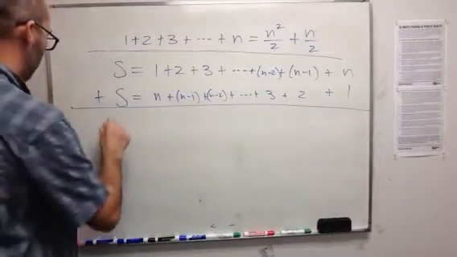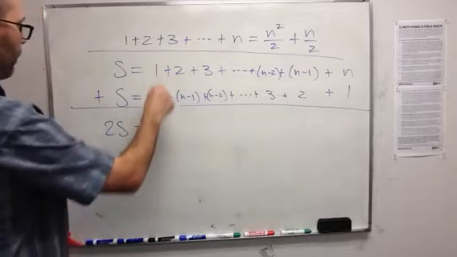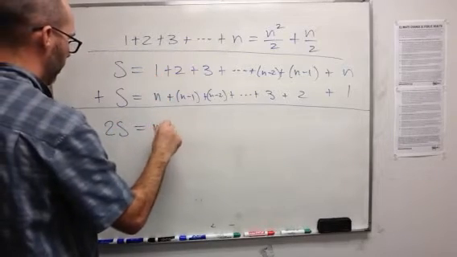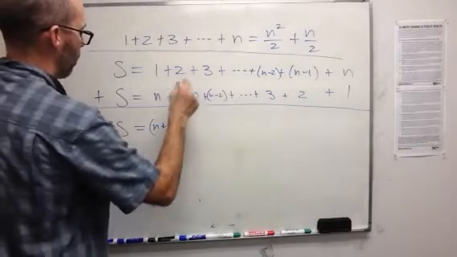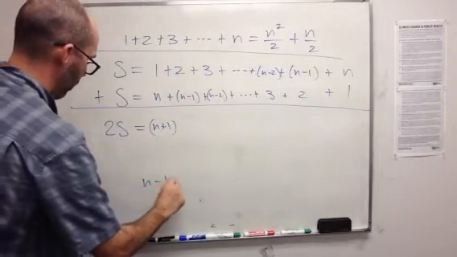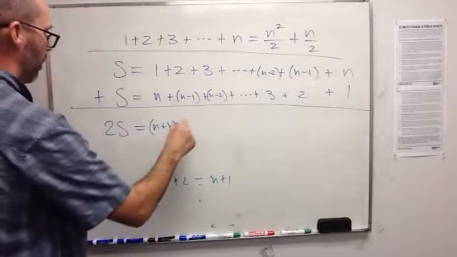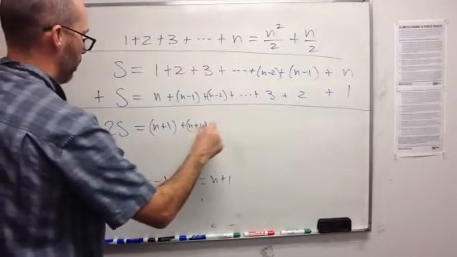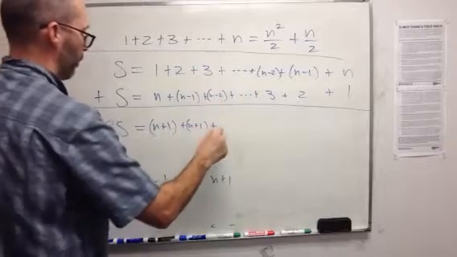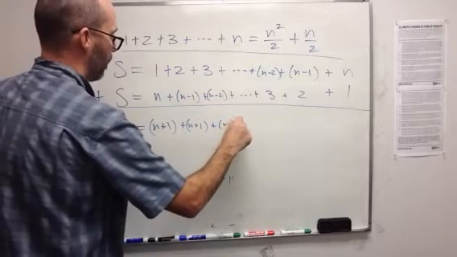Adding them up, S plus S, that's 2S. This is n plus 1. This is n minus 1 plus 2, that's n plus 1. Plus n minus 2 plus 3, that's n plus 1.